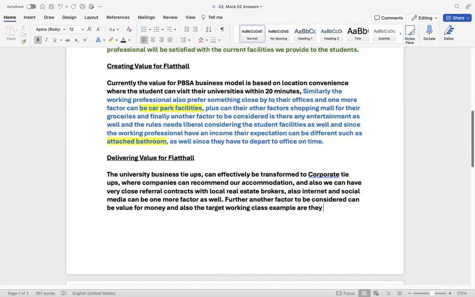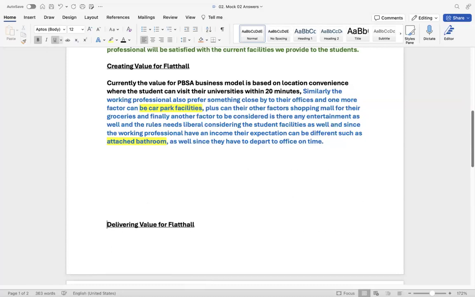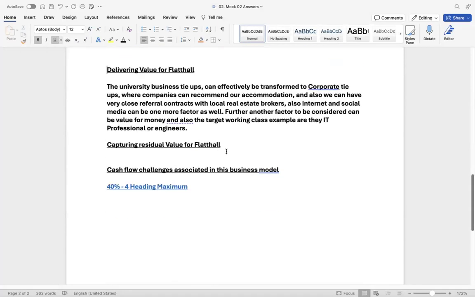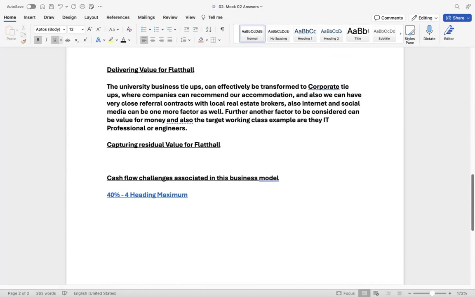Example, are they IT professionals? Or engineers, like that, students? Can I get a confirmation again from the chat box? Because students, this will be a better option, right? Can I get that point of view? Because this is a very, very important factor. And then capturing residual value.